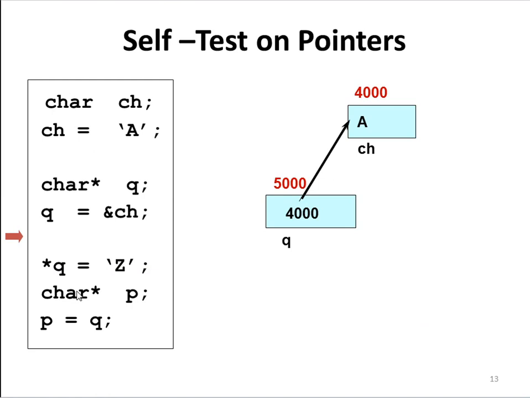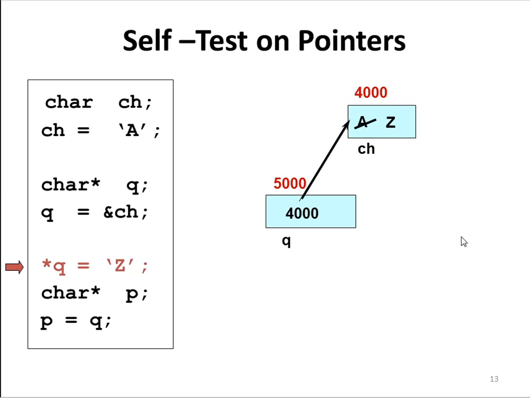Here character star p is another pointer type variable of character type. And here we are assigning p equal to q, meaning we are assigning the contents of q. q now contains 4000, and we assign 4000 to p, so your pointer p is also pointing to the a or z variable.